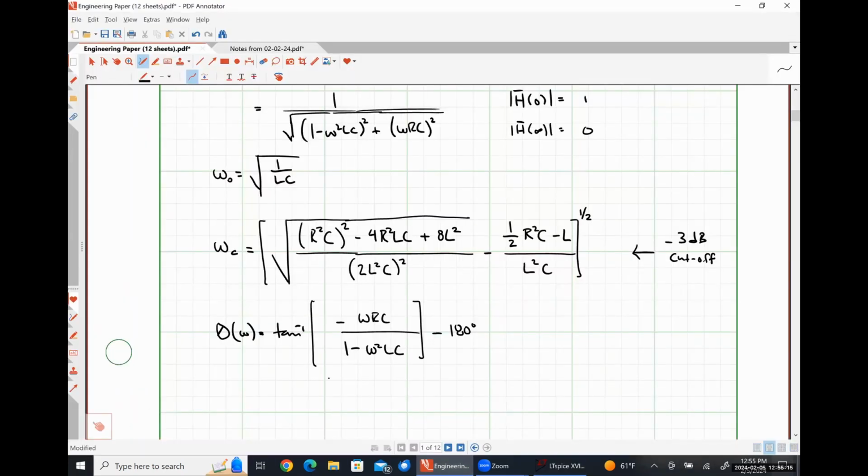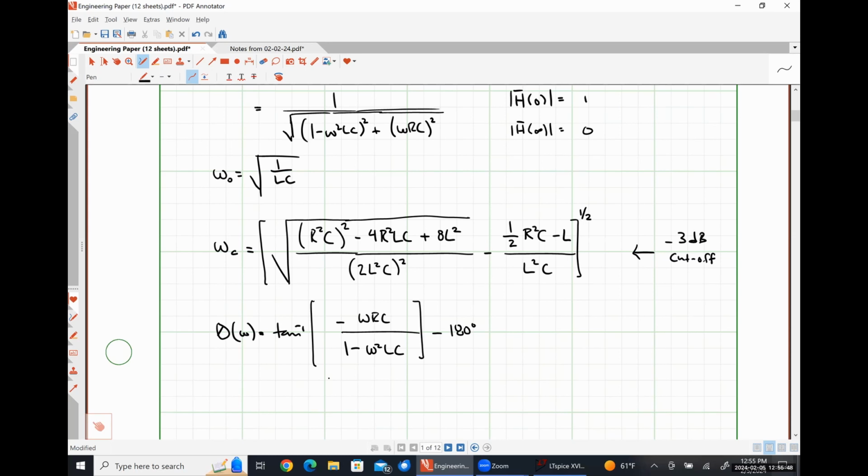So if we were to put in numbers here, just let me grab a calculator. So if I do the inverse tangent of, let's say, -1 divided by 10,000.